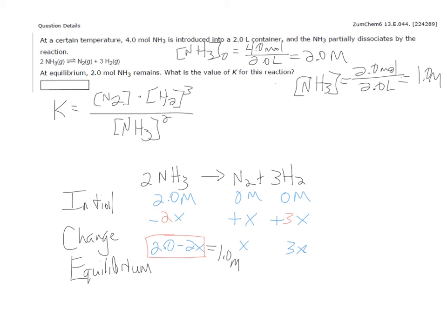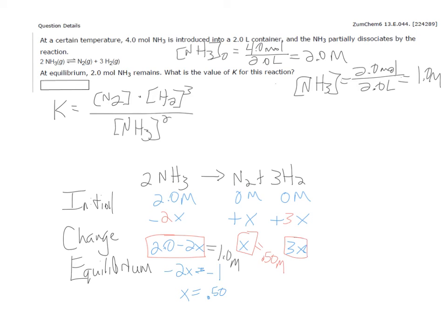Now we have a simple algebra problem. If we subtract 2 from both sides, we get negative 2x equals negative 1. Divide both sides by negative 2. And we get x equal to 1/2, or 0.5. Since we know that x equals 0.5, we can now figure out the value of the equilibrium concentration of N2, which, if it's just x, it's 0.5 molar.